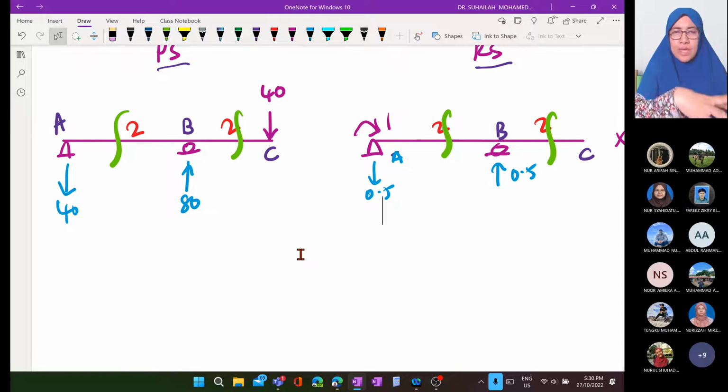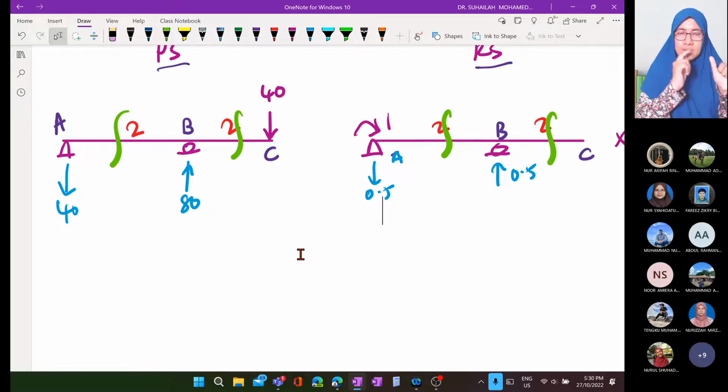So when we analyze indeterminate structure using flexibility method, we have to apply all these three process. Then only we can calculate the redundant. Without redundant, we cannot solve the indeterminate structure problem using flexibility method.